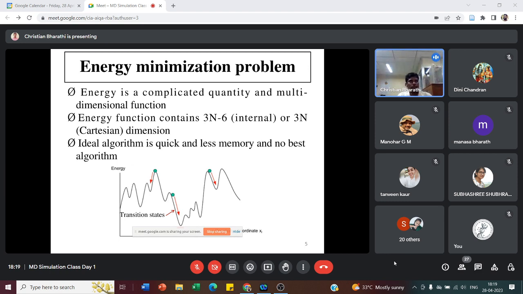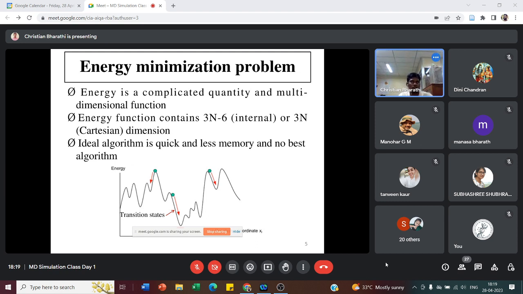So energy minimization is very important, but it is a very complicated process. It is multi-dimensional. How many coordinates are there? 3 times N, the three N dimensions for calculating the potential of the molecule.